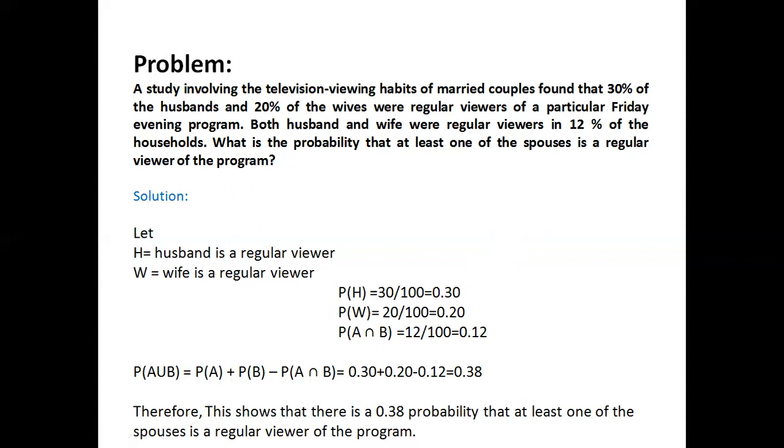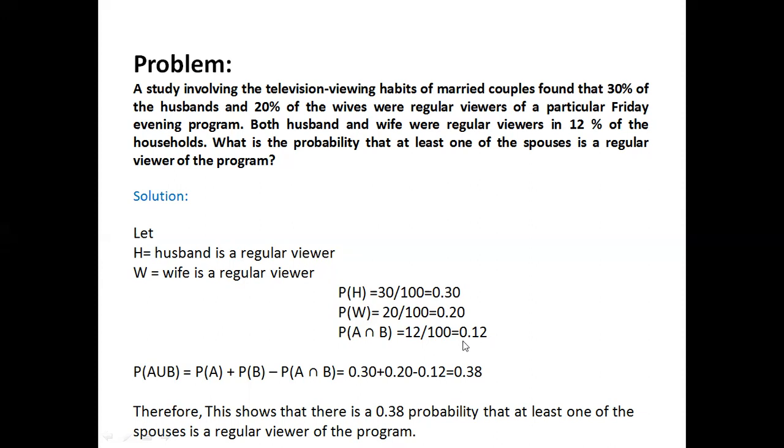The probability of the event W, that the wife is a regular viewer, is 20 by 100, equal to 0.20. Now the intersection of the two, that both husband and wife were regular viewers, is in 12% of the households. So the probability of the intersection of events H and W is 0.12.